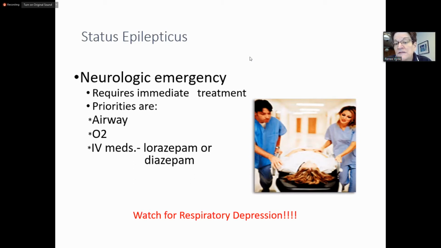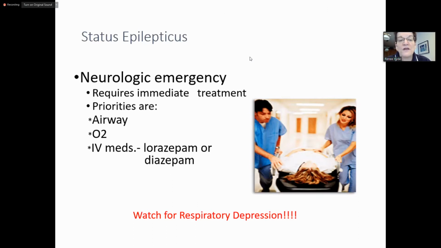One of the things that we do with those medications is that we give them as an IV push as a loading dose until that seizure activity stops.